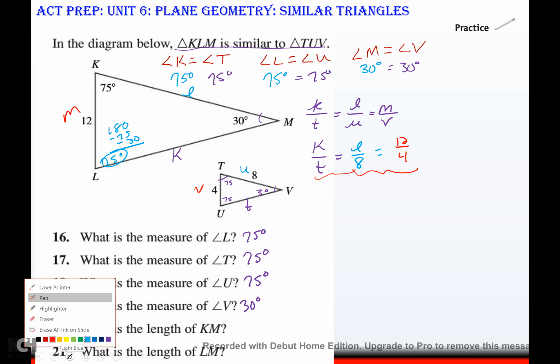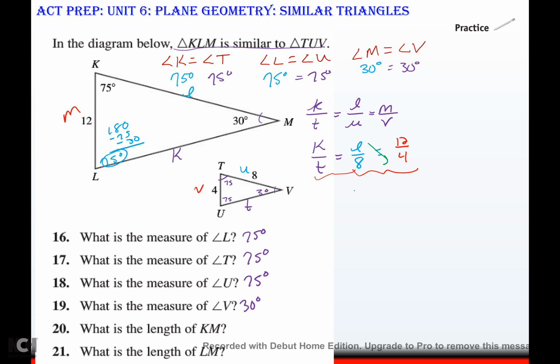So if I solve that one, I have L times 4 equals, this way, 8 times 12. That gives me 4L equals 96. Divide by 4, and L equals 24.